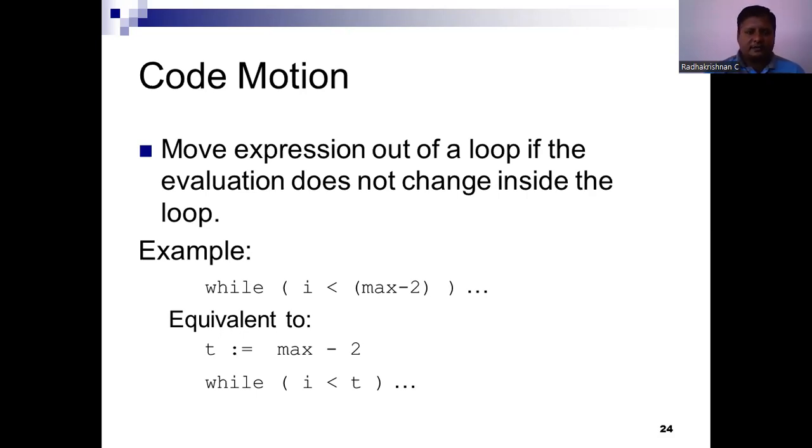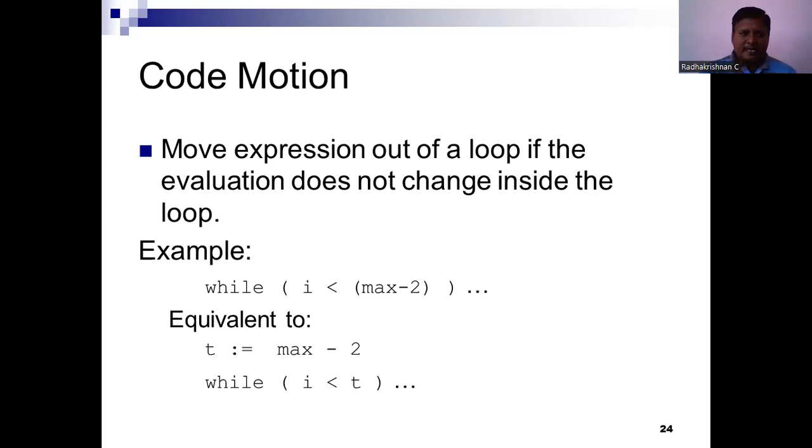Next, the condition will be checked again after I is incremented or decremented, and again the calculation of max minus 2 is performed. So max minus 2 will be executed every time the condition is checked, and that will take more time.